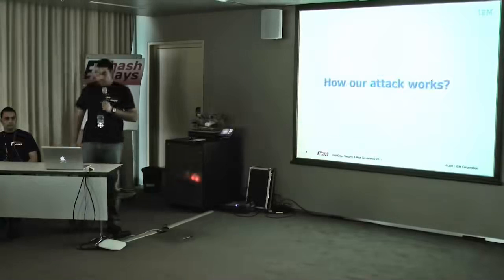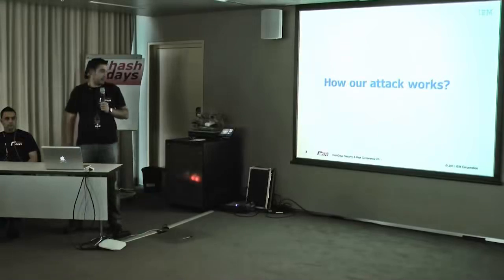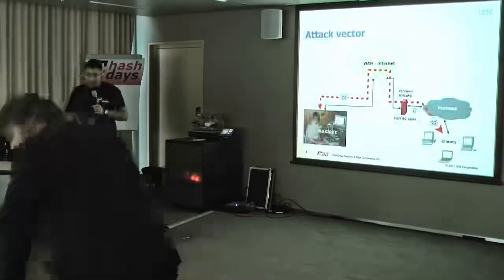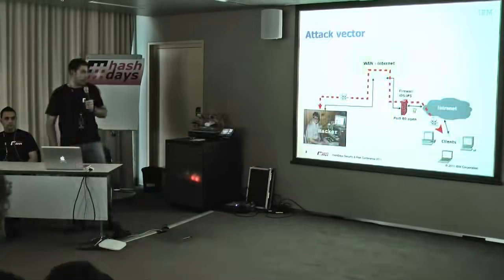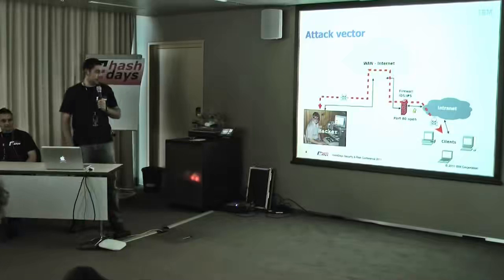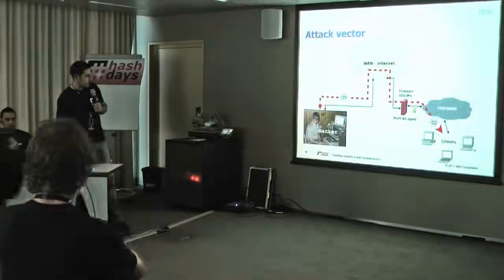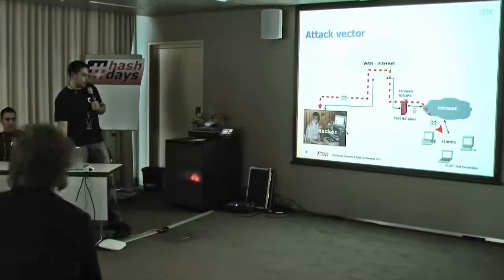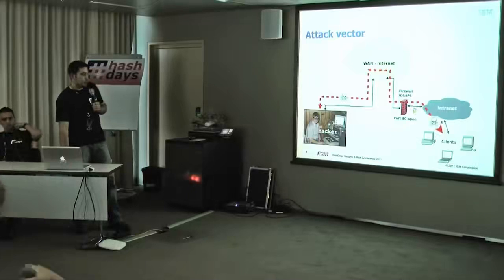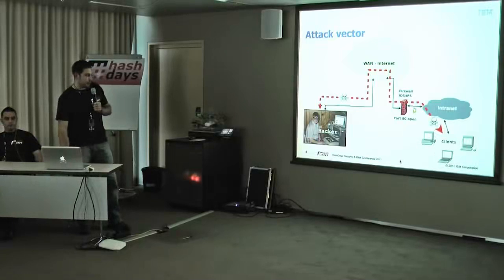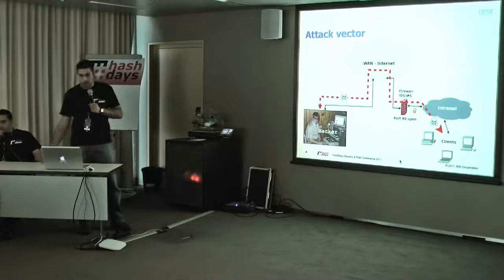So basically, how the attack works. Let's start off with the diagram of what we are trying to do. This guy here wants to extract information from this secure intranet, which has some clients connected to it, and he's going to force those clients to visit some websites that he controls to run some code.